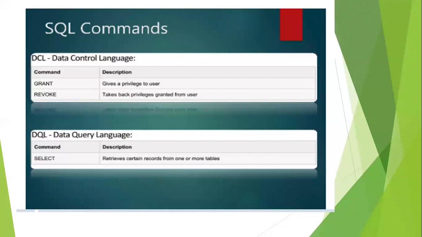We'll see how select query works as we go ahead. You just have to remember these are the commands of SQL which are classified as per their functioning. I hope it is understood. Very simple, nothing complicated in this.